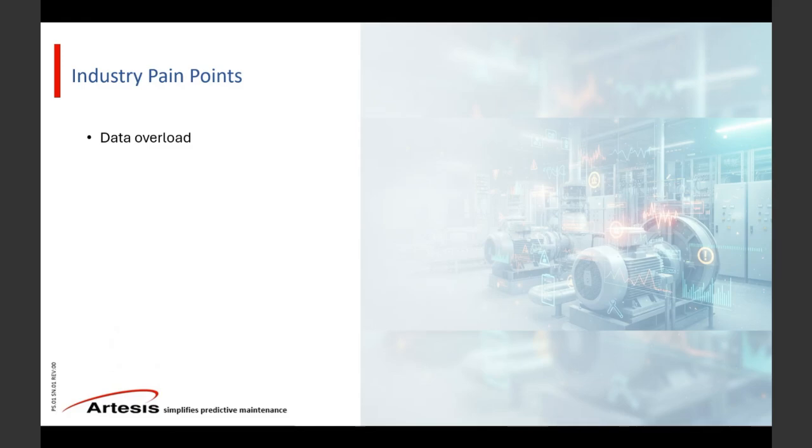That's great, but the reality is it's now too much for a human to review in a disciplined way. Nobody has time to sit there and scroll through hundreds of plots and dashboards every day. And even if you try, you end up focusing on what is the loudest, not necessarily what is most important.